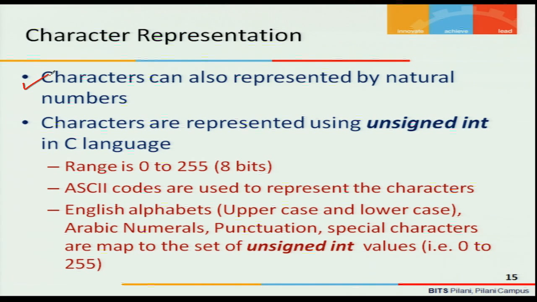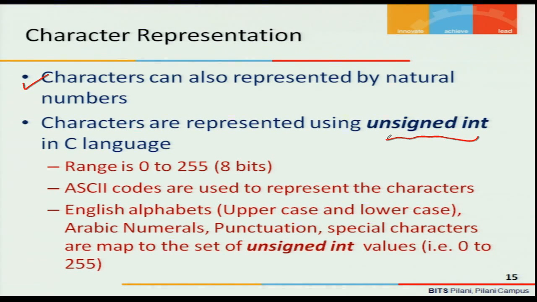How are characters represented in the C language? Characters are represented using unsigned integers, because a sign is not required for characters. The combinations used to represent negative values for numbers can all be used to represent characters.